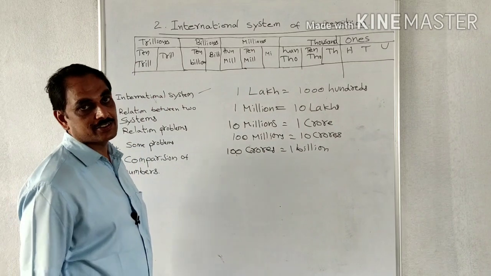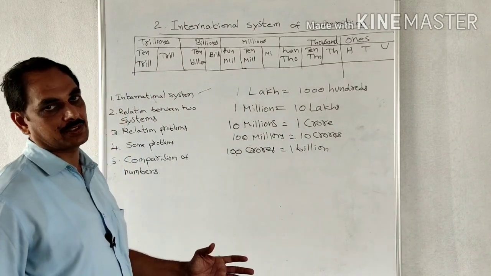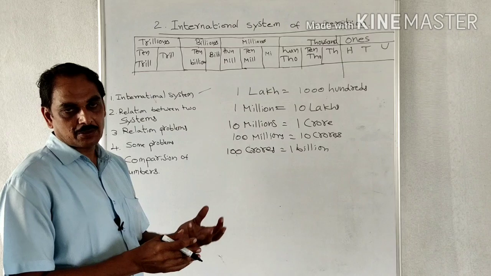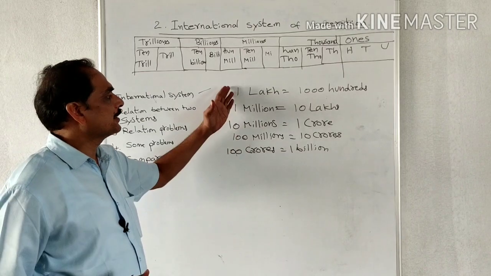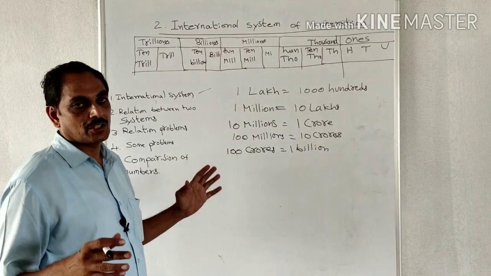These are the relations we find when we observe the two systems, the Indian system of numeration and the international system of numeration, and these are very familiar.